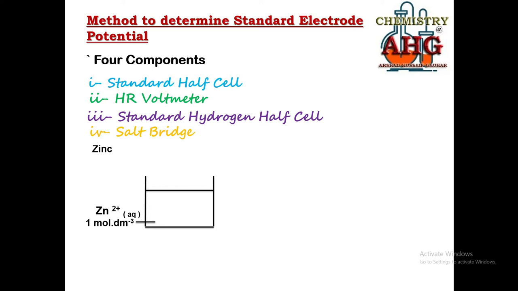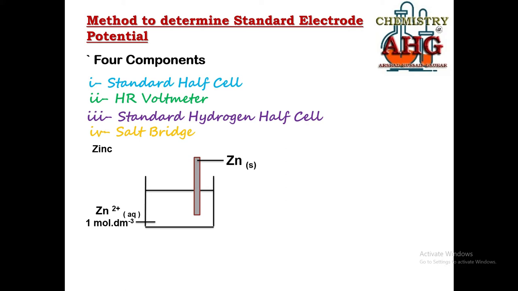If the given element is a metal, it is not a problem. You can dip the metal into its ionic solution to make this half cell. But if the given element is a non-metal, then you must remember that we will have to use platinum as an electrode. I will give you the example later on in this lecture, but right now we will focus on this half cell. Now this is the zinc electrode that we have dipped into zinc ionic solution.